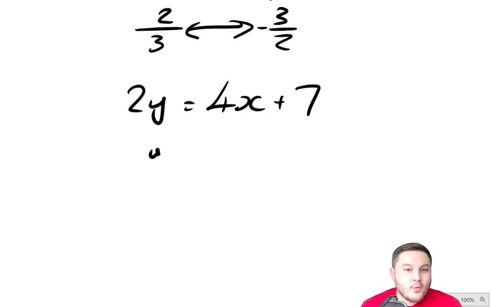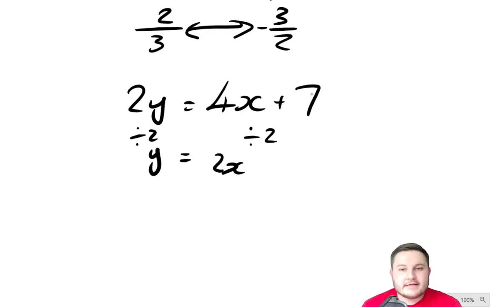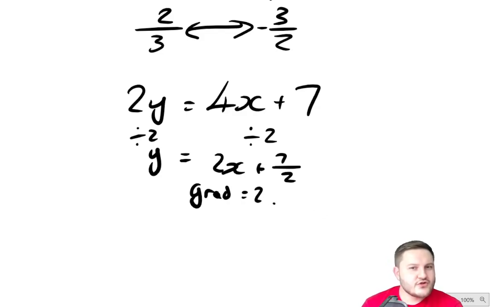So in order to make it y equals, we've got to divide everything by 2. Half everything. So 2y divided by 2 is y, 4x divided by 2 is 2x, and 7 divided by 2 is 7 over 2, which I'm just going to leave as a fraction. So now I can say that the gradient is 2.